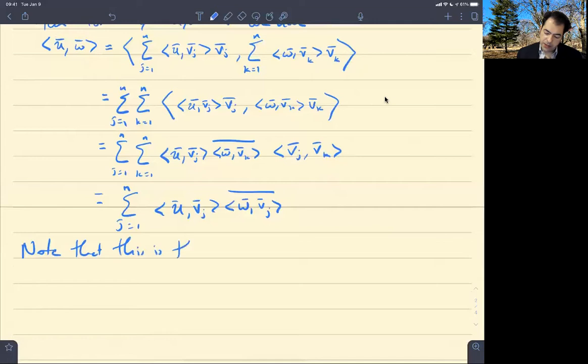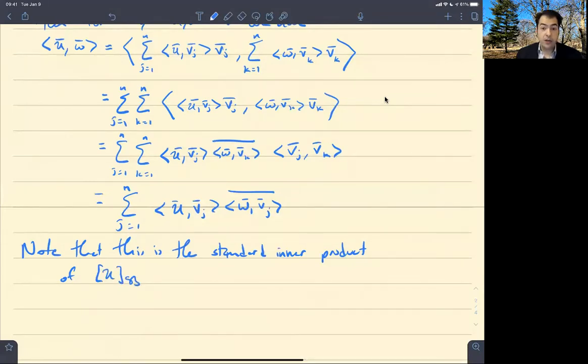This is the standard inner product of the coordinate representation of u with respect to b and the coordinate representation of w with respect to b.